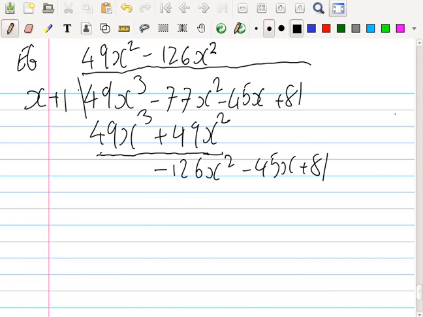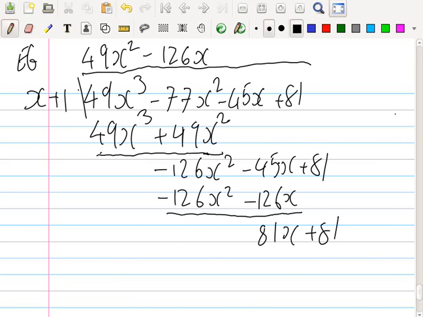No, x, thank you. Minus 126x squared, minus 126x. Subtracting, I get 81x plus 81 to finish. So here I get 81x plus 81, 0. So these are the missing factors.